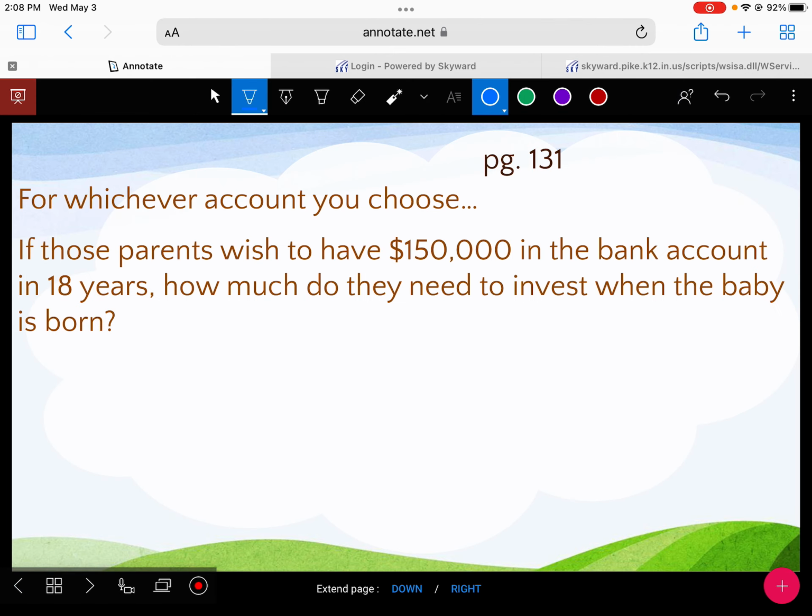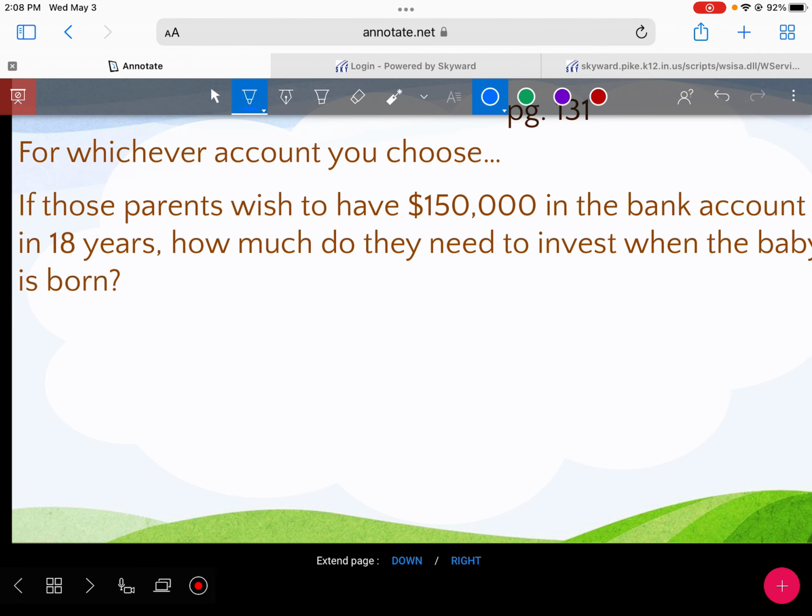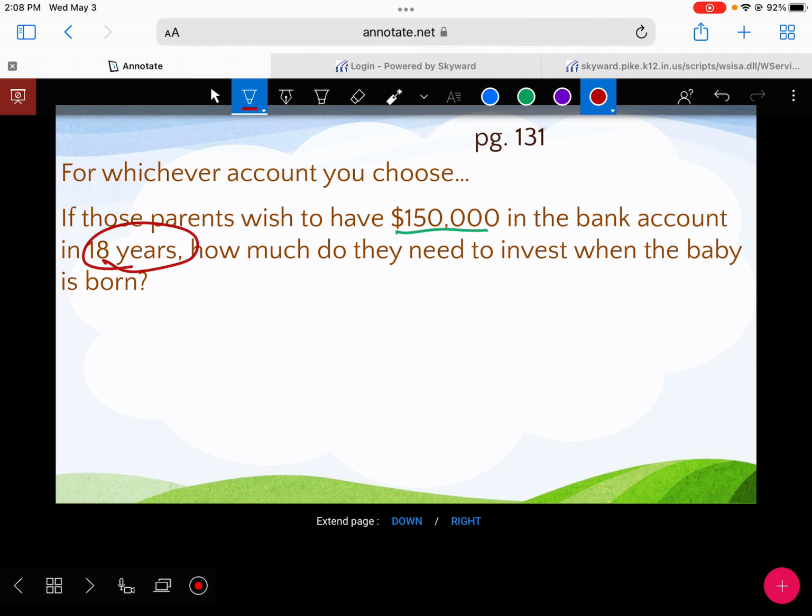And let's look at the last one. It says, for whichever account you choose, the one that compounds the interest monthly or the one that compounds the interest yearly, if those parents wish to have $150,000 in the bank account in 18 years, how much do they need to invest when the baby is born? So guess what? We're going to use that same formula, right?